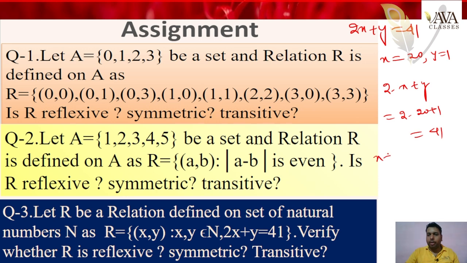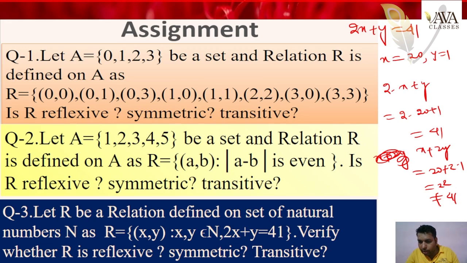So (x,y) belongs to R. Now, for (y,x) to belong to R, we have to write 2y plus x. What is x plus 2y? 20 plus 2 into 1, that is 22, which is not equal to 41. So, since it is not equal to 41, it is not symmetric.